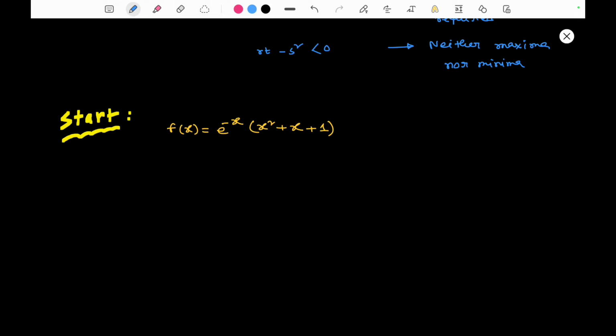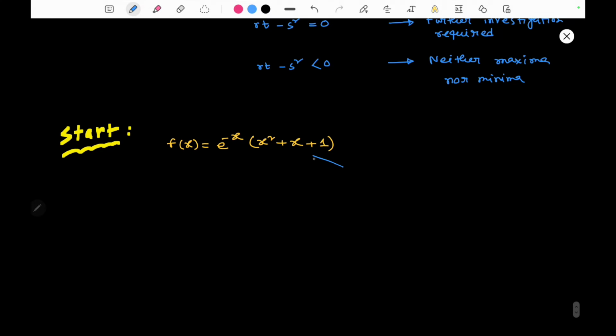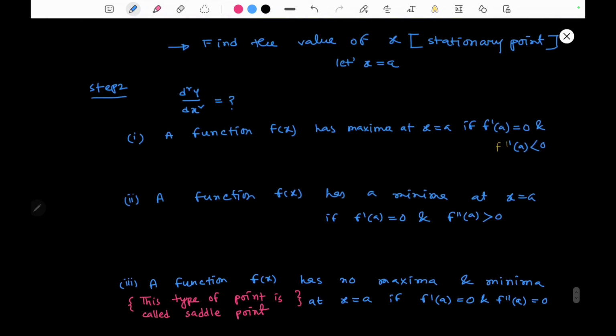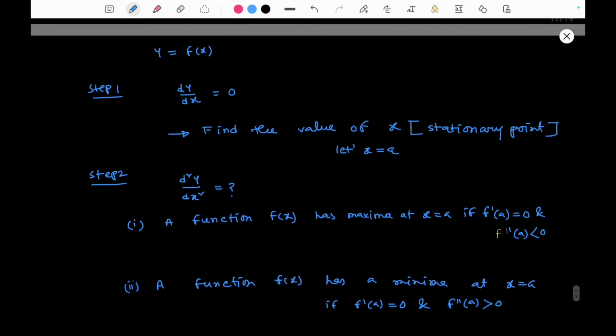Now we can see there is only one independent variable, and that is x. So we will follow these steps, step 1, step 2.